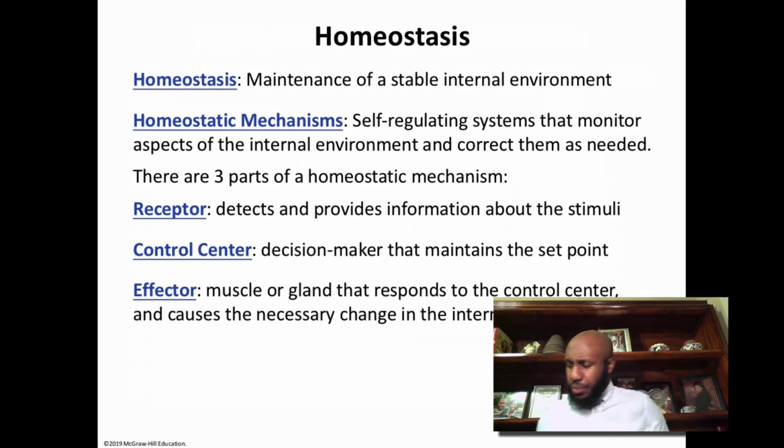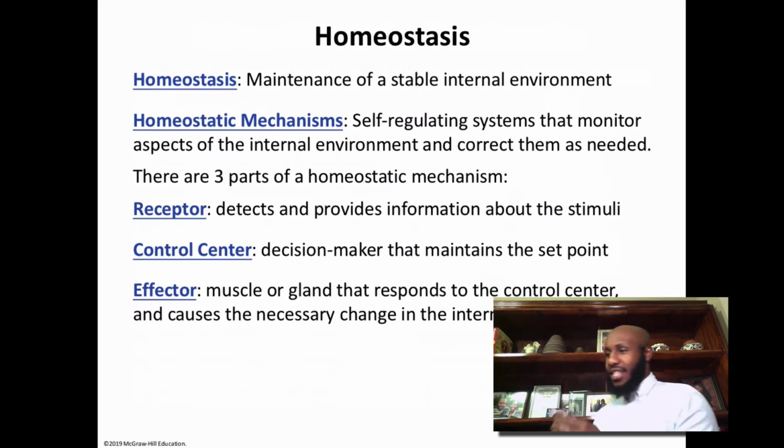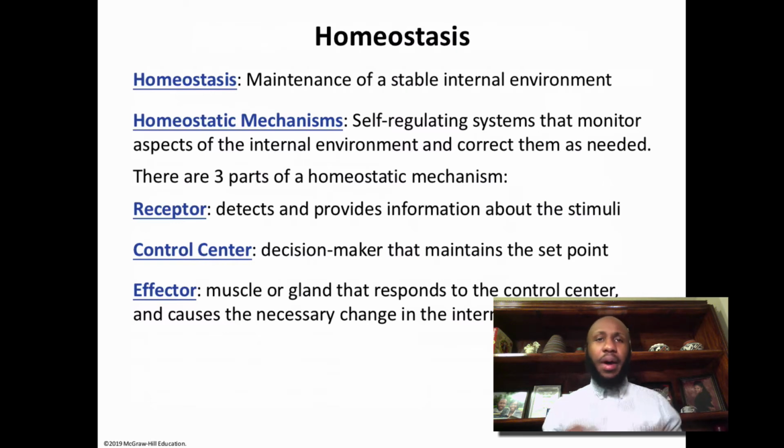So as it happens, we have those three components of the homeostatic mechanism as you all see being displayed. First things first, it's called the receptor. At the receptor level, it's there to detect the change that has occurred, whether that change is in blood glucose level, in blood volume, in blood pressure, or in body temperature.